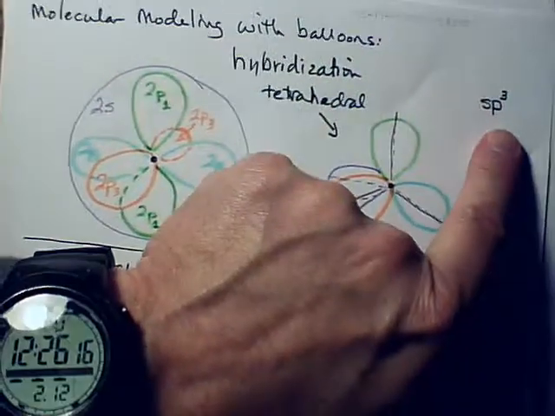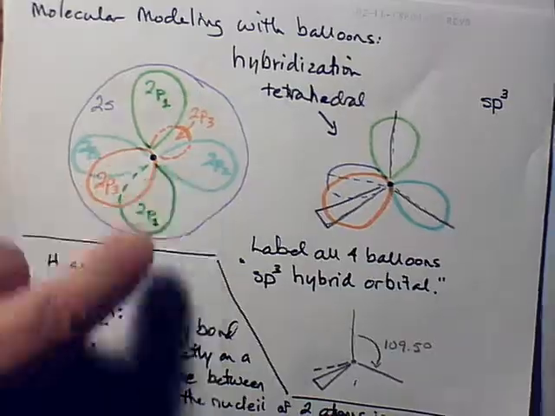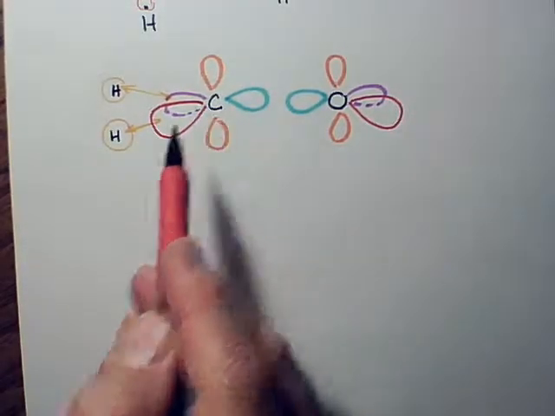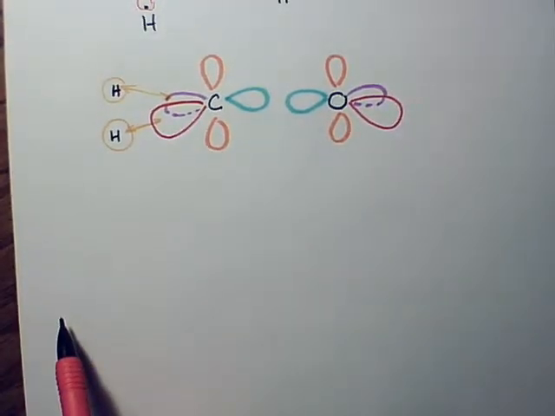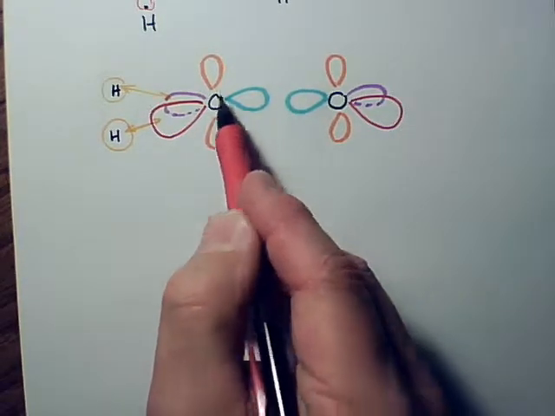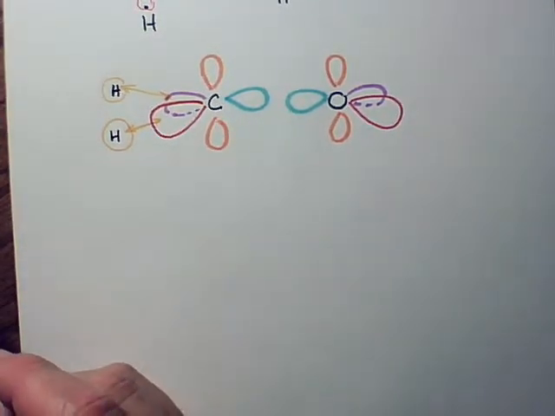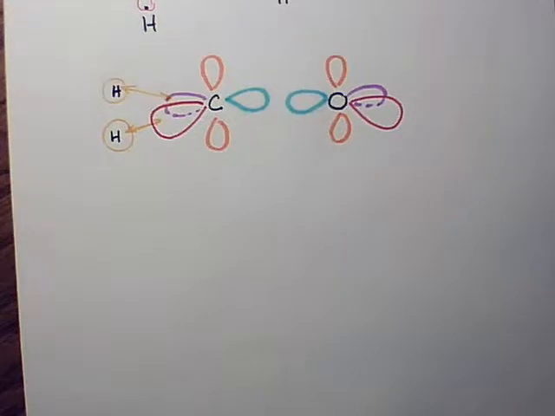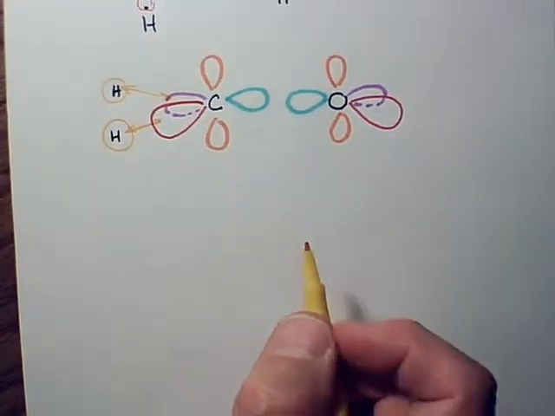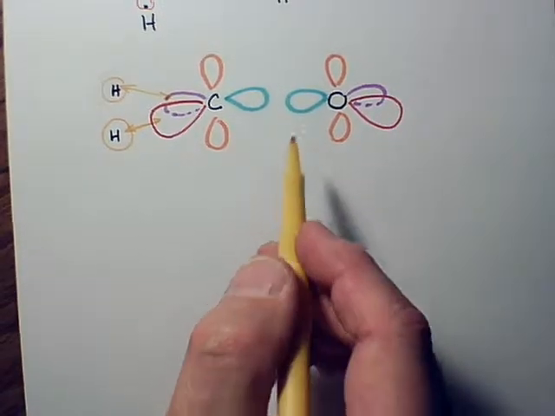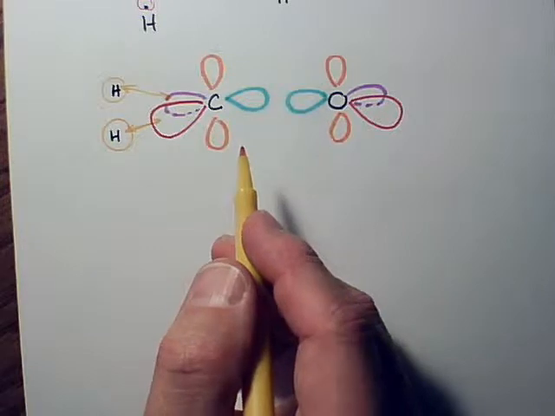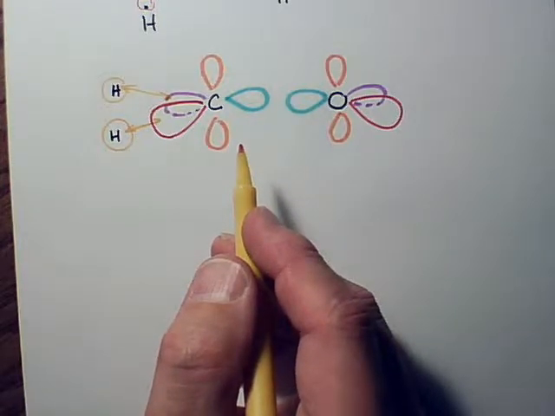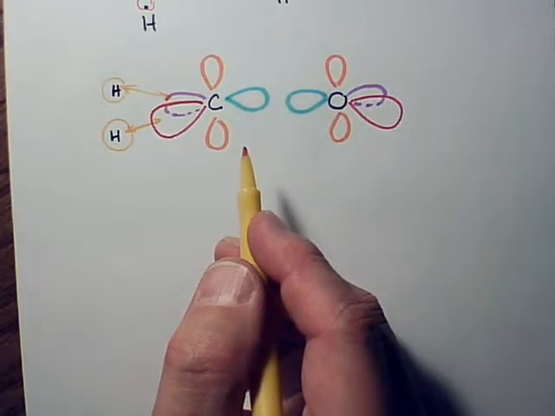If this is called sp3 because I hybridized one s and three p's, what would this hybridization be called? sp2. Because I'm not hybridizing this p orbital. Why? There we go. That's the question. Good job. Because it's the only way to get a double bond to form. Because electrons, once they're paired, more than one pair can't occupy the same space.